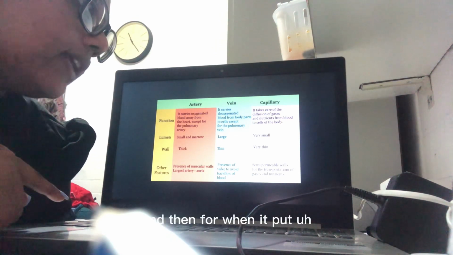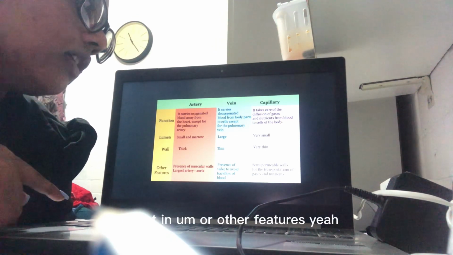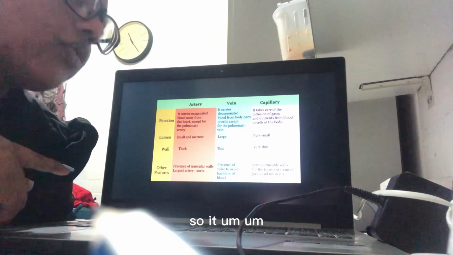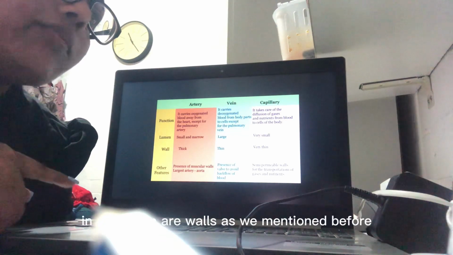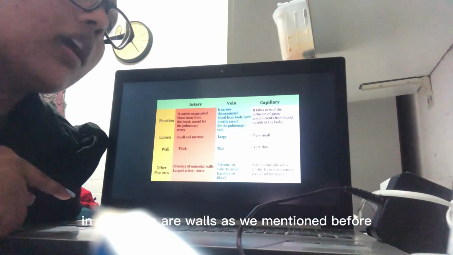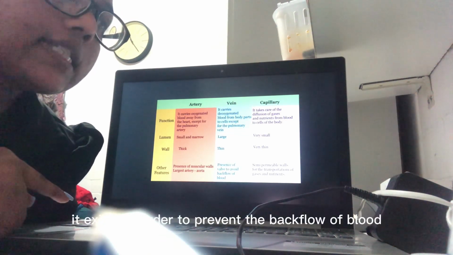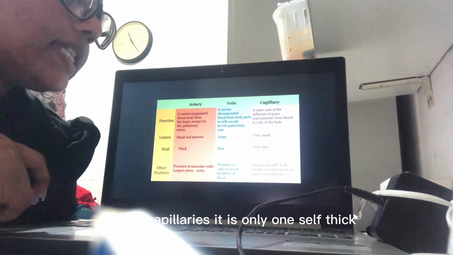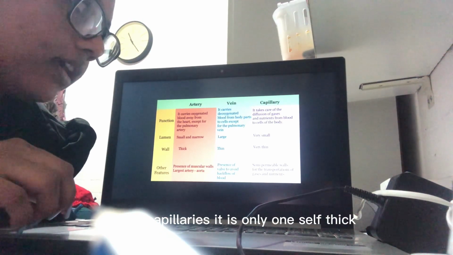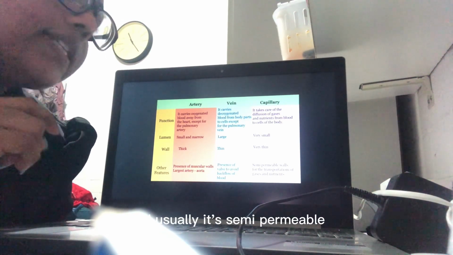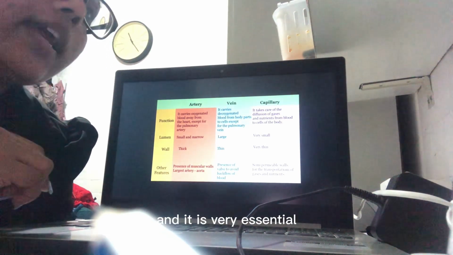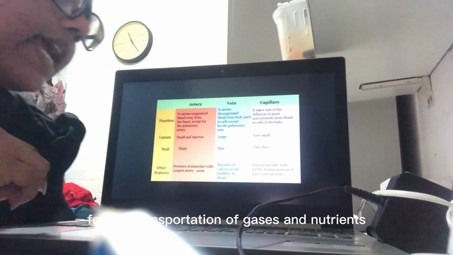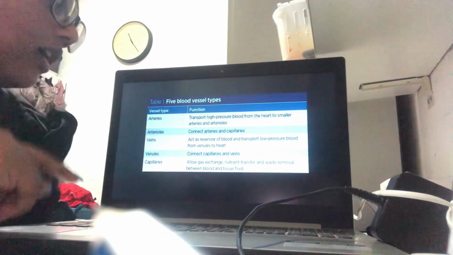In veins, there are valves, as we mentioned before, and they exist in order to prevent the backflow of blood. And capillaries are only one cell thick, usually semi-permeable, and very essential for the transportation of gases and nutrients.